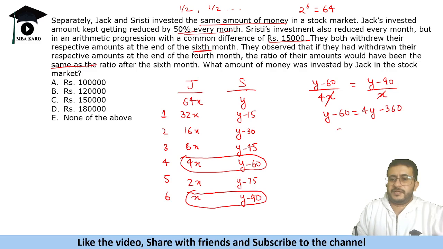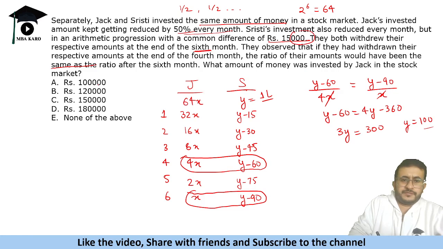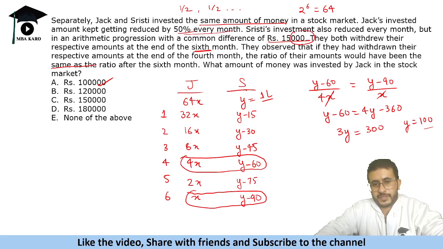This gives us 3y equal to 300 when we bring it to this side, or y is 100. We took thousands, right? So 100,000. So the initial investment is 1 lakh, because both of them invested the same amount of money.